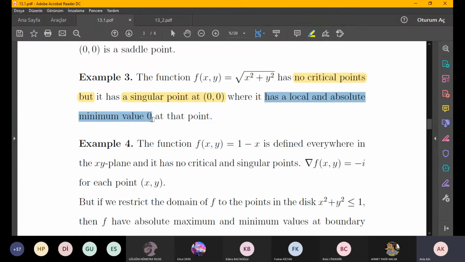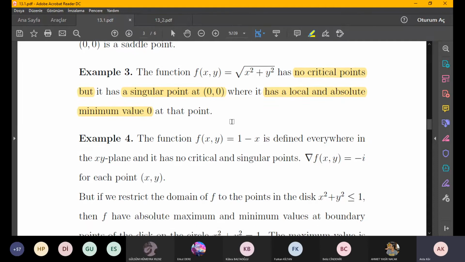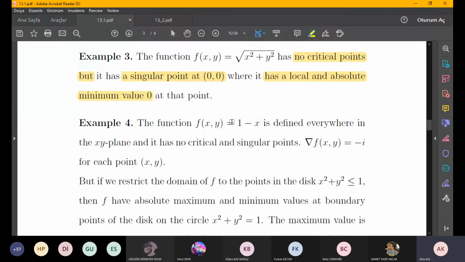So where the gradient is not defined. It is at the point (0,0), and this is where it has the absolute minimum value, which is of course f(0,0), which is 0.